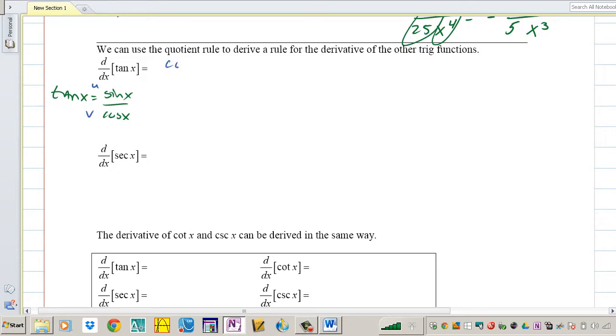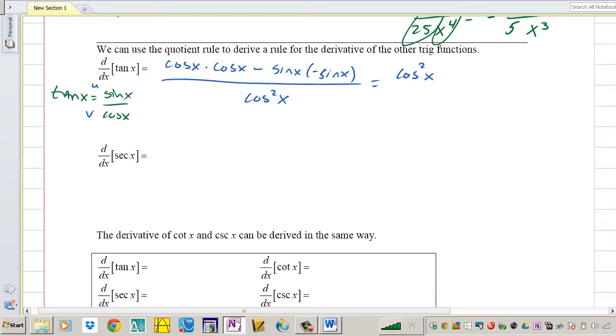It's going to be the bottom times the derivative of the top, which is cosine, minus the top times the derivative of the bottom, which is negative sine, all over the bottom squared. Well, what is cosine times cosine?